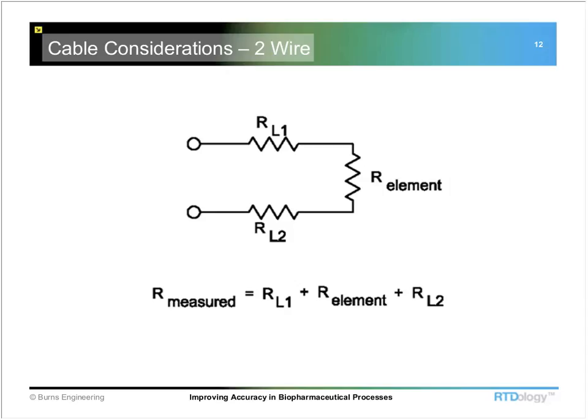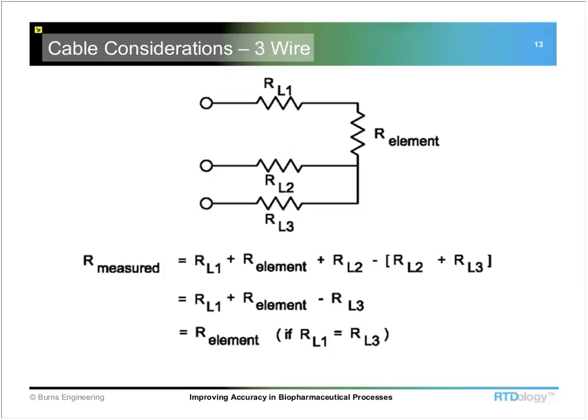So if we look real quick here at some electrical diagrams, with a 2-wire sensor, you're just adding lead resistance into the sensing element, and you're going to get too high of a temperature reading. So it's really not recommended for anything to do with any of the biopharm processes. 3-wire works okay if you have a sensor that's going right into a terminal block inside of a connection head.